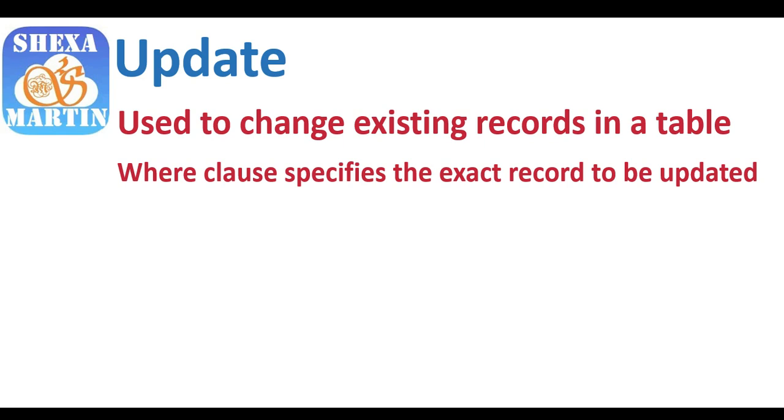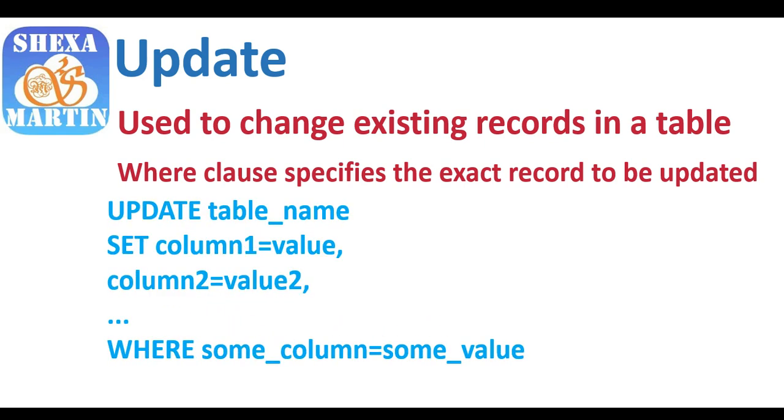The where clause is the one that gives you the decision to say I'm updating these records. So don't forget to use the where clause. Otherwise, the update will be applied to every record within the table that you have specified.